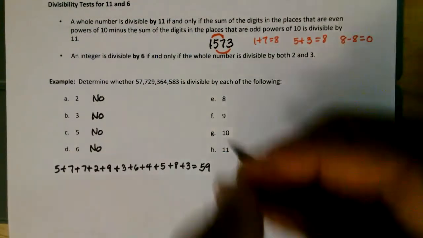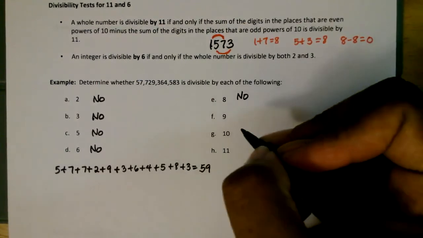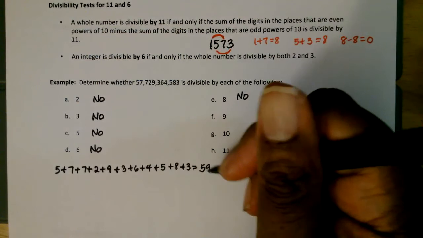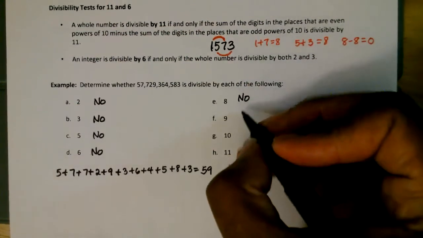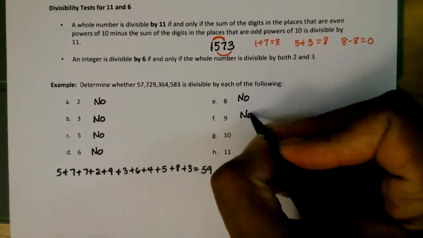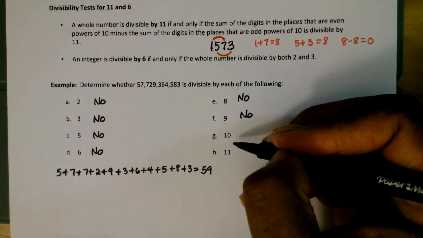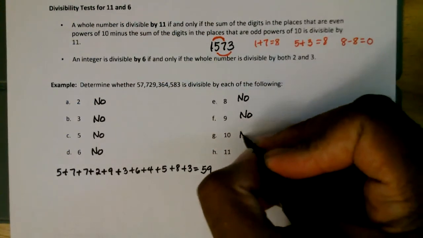So that answer there will be no as well. And then by 9, well, the sum of the digits has to be divisible by 9. Here that sum was 59. 59 is not divisible by 9. So that's no. Now by 10, it must end in 0. This ends in 3, so that's going to be no here.